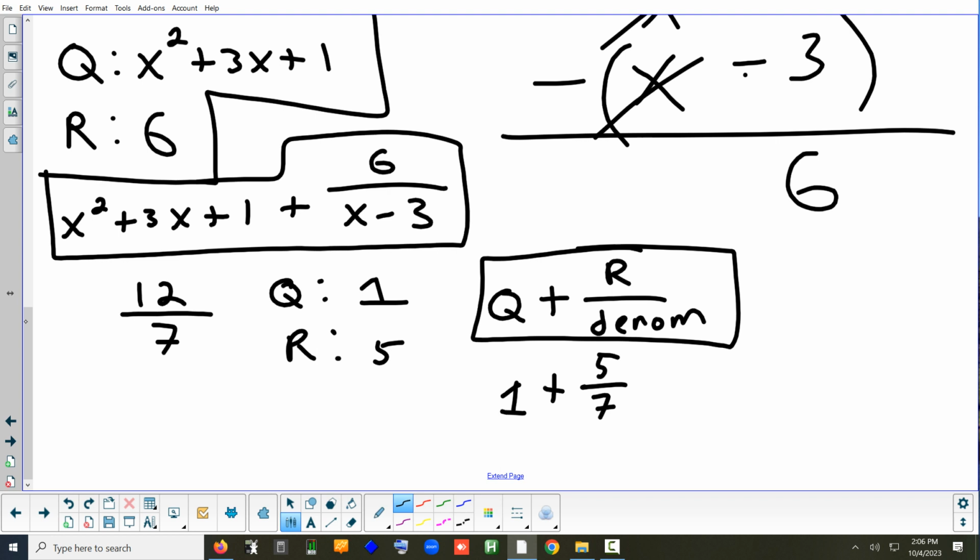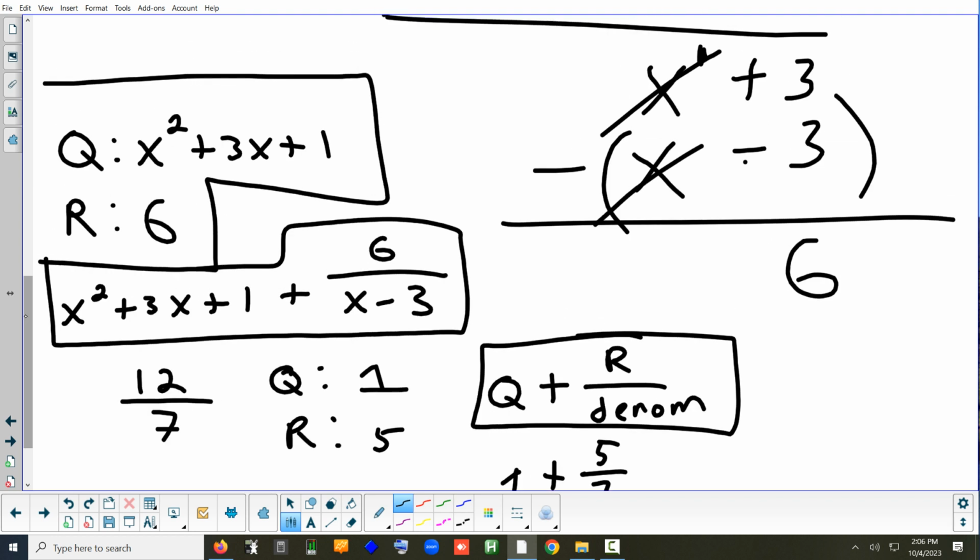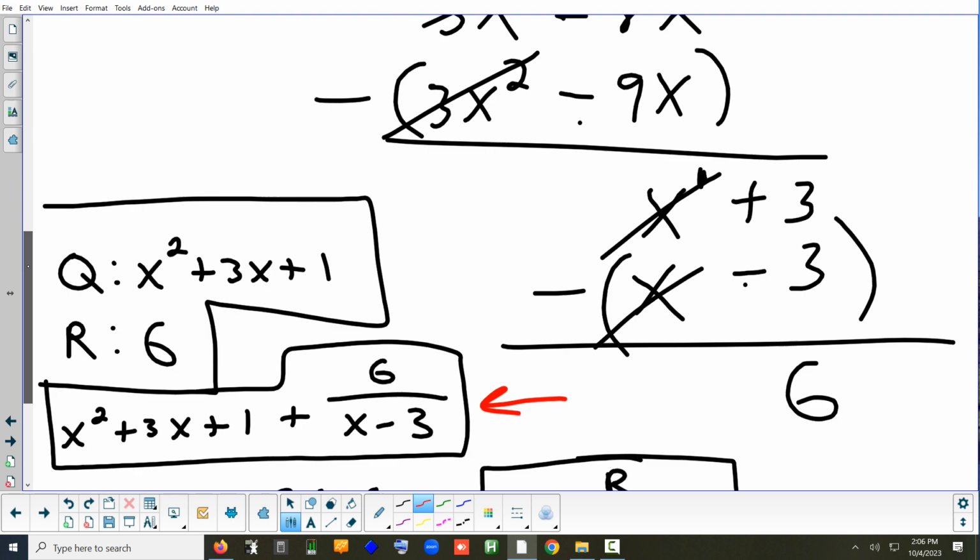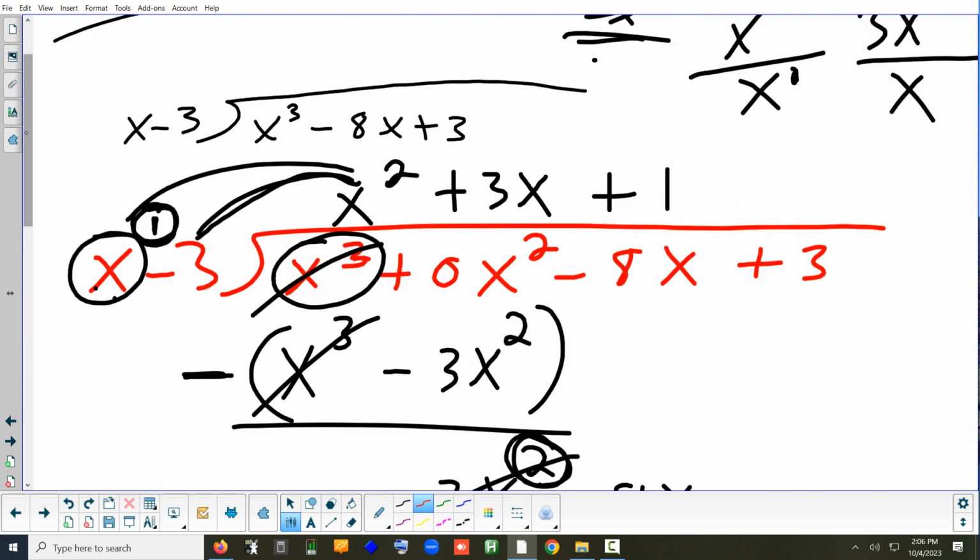Both answers are correct. What's nice about the second one is if you type that in on y1, and then you type this original problem in on y2, if you did it right, they'll look the same. So you can check your answer that way. So you'd have to type in x cubed minus 8x plus 3 divided by x minus 3.